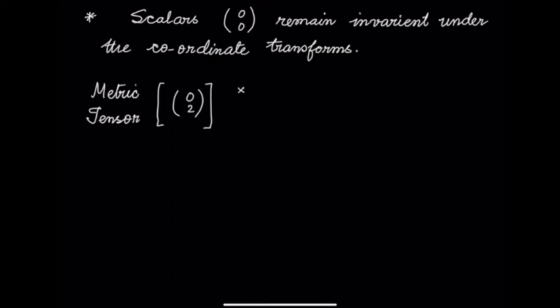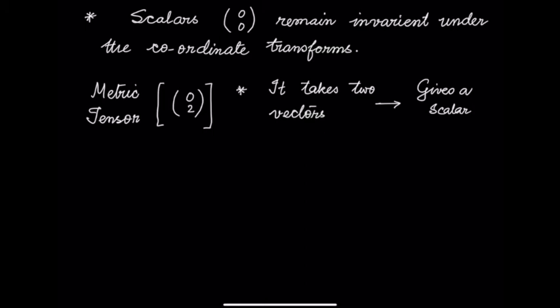So as a tensor, it takes two vectors and gives a scalar, which is essentially the dot product between these two vectors by definition.